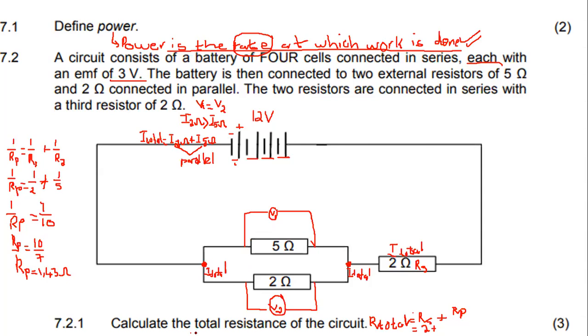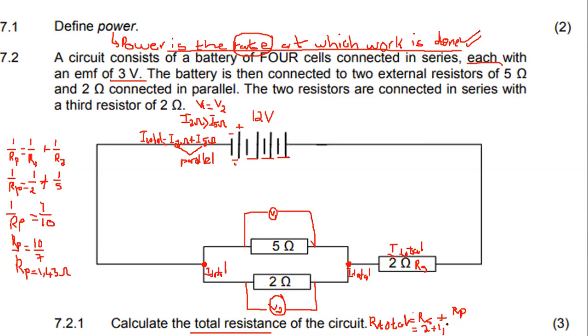So I know the value of Rp. The question wanted the total resistance. And that is why we said, okay, the total resistance will be given by this resistor that is in series plus these resistors that are in parallel. So I need to get the total resistance by adding the resistance in series plus the resistance in parallel. The resistor that is in series, we agree that it's 2, and R parallel, I calculated it there and I got 1,43 ohms.